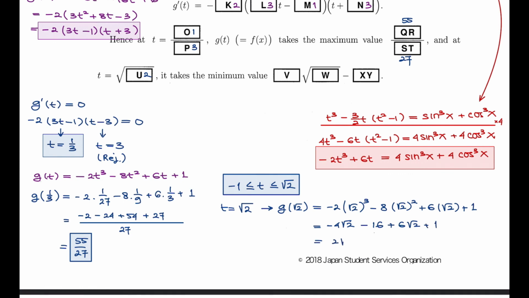The final answer is 2 square root of 2 minus 15. This is the final answer. So when t equals to square root of 2, the minimum value is this. You can check if you substitute t equals to negative 1, I'm pretty sure that the value is greater than this. You can do it or check it by yourself.